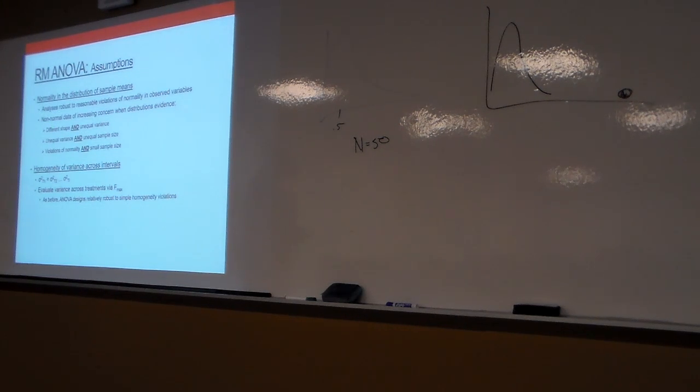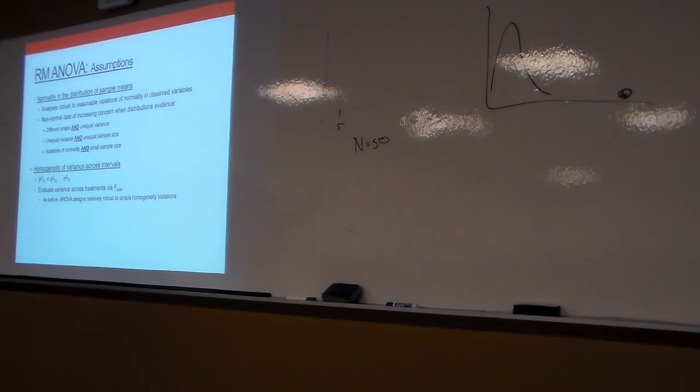Our designs are generally pretty robust to violations of normality in our observed variables. But when we start to combine these things, if my data has unequal shape and unequal variance, so if time 1 scores have a strong positive skew, and time 2 scores have a strong negative skew, and variability at time 1 is 3 and variability at time 2 is 20, that's a problem, right?